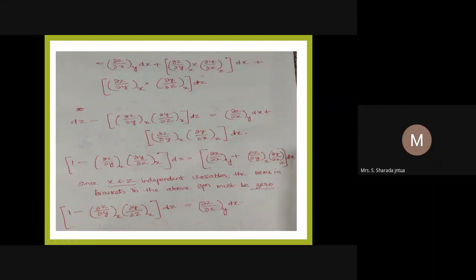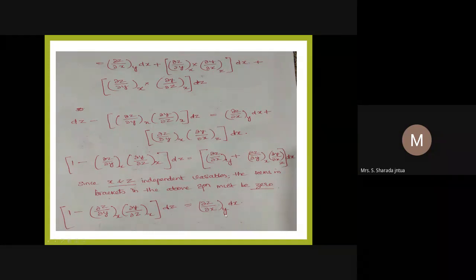Since x and z are independent variables, the terms in brackets in the above equation must be 0. Whatever terms are holding with x and z become 0. So finally we'll get the expression like this: ∂z/∂x with y, of dx.